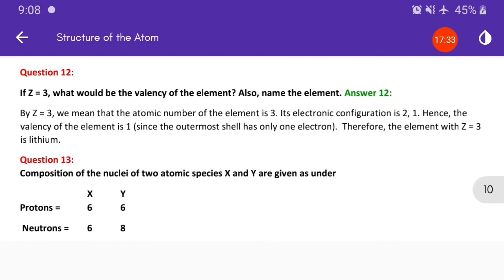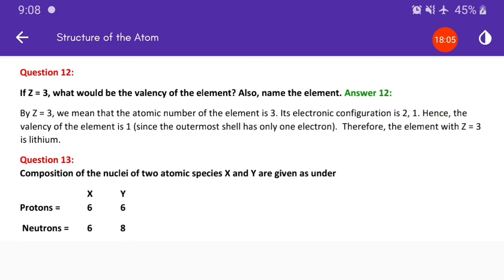Question number 12. If Z is 3, what would be the valency of the element? Also name the element. Here Z, the atomic number of the element, is 3. The electronic configuration is 2, 1, hence the valency of the element is 1, since the outermost shell has only one electron.